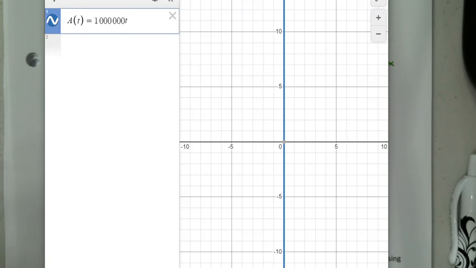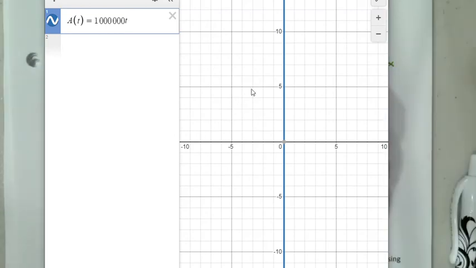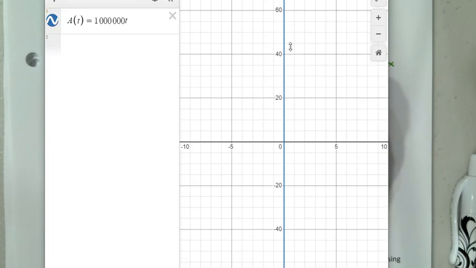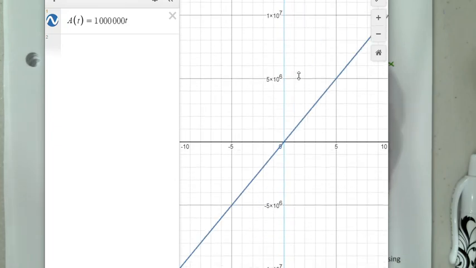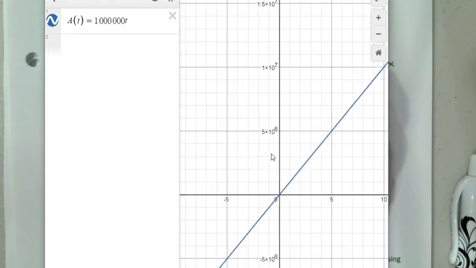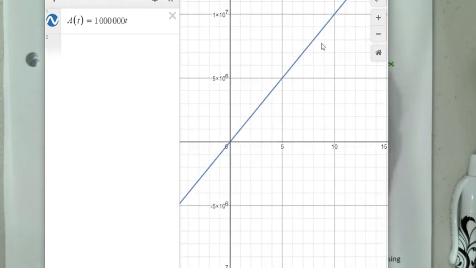Really large numbers here. Let's see if I can get this to the point where we can actually see the line look like something besides a vertical. There we go. So there's our line representing 1 million times how many days it's been. That's our daily payment.